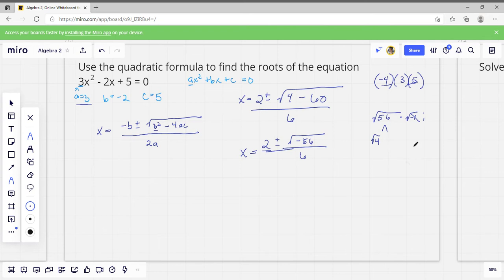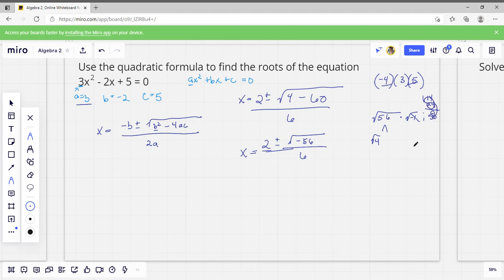For 56, if we divided that by 2, we would get 28, and that would be 14. Let me make sure. 4 times 14 is 56, yep.